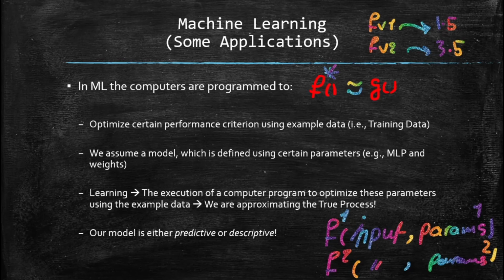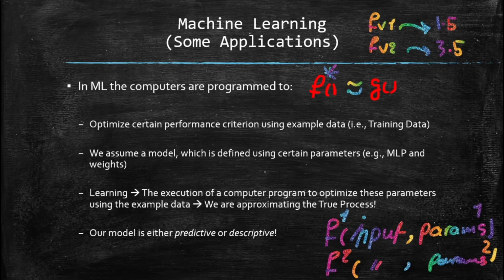Okay? Now, when I talk about learning, I'm talking about the execution of a computer program to optimize these parameters using the example data or your training data, right? Again, I'm emphasizing this, we are approximating the true process. So what is learning, my friends?